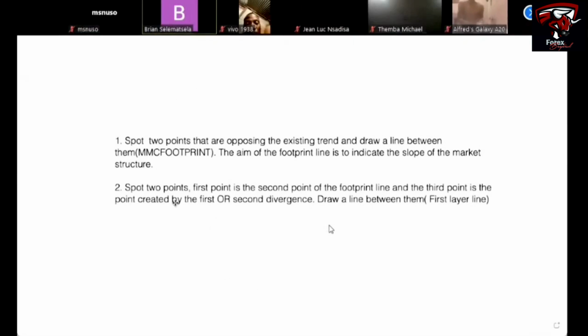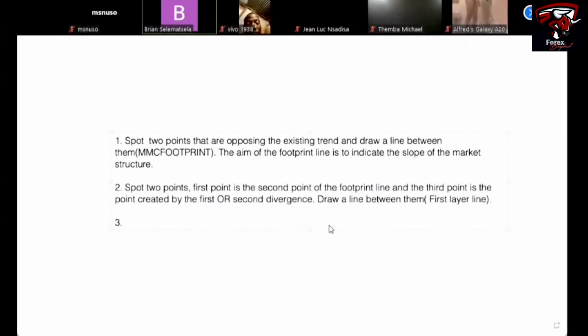All right, so the third step, like I've just said, is a step where you're actually starting to draw lines.